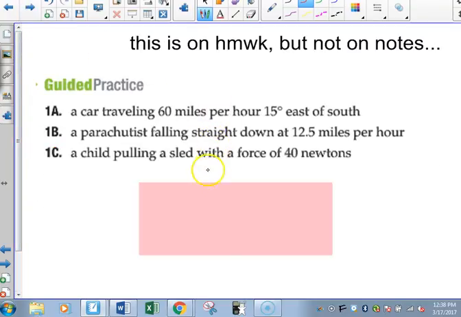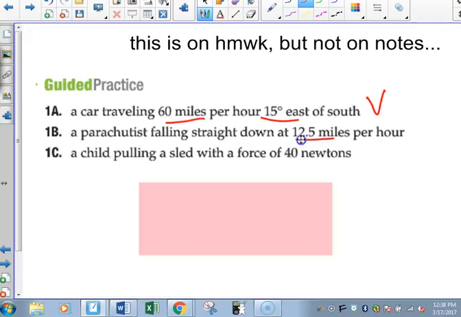Here are some examples more like what's on the homework or in addition. So a car traveling 60 miles per hour, 15 degrees east of south. What do you think? Vector because it has magnitude and direction. Everybody okay? A parachutist falling straight down at 12.5 miles per hour.